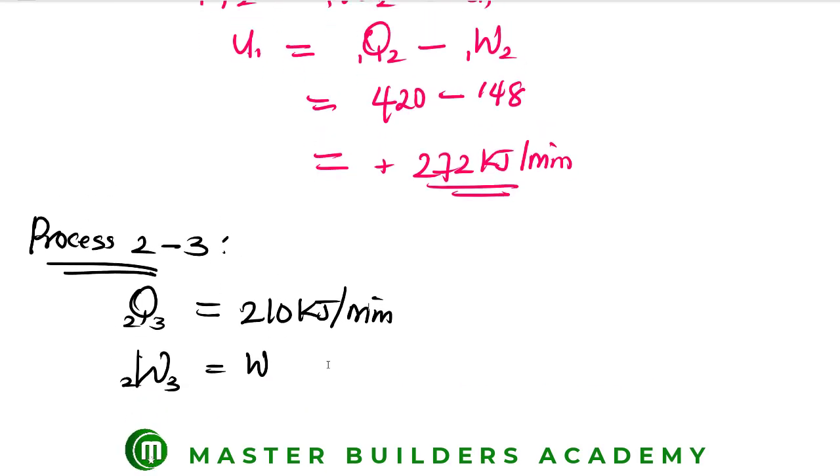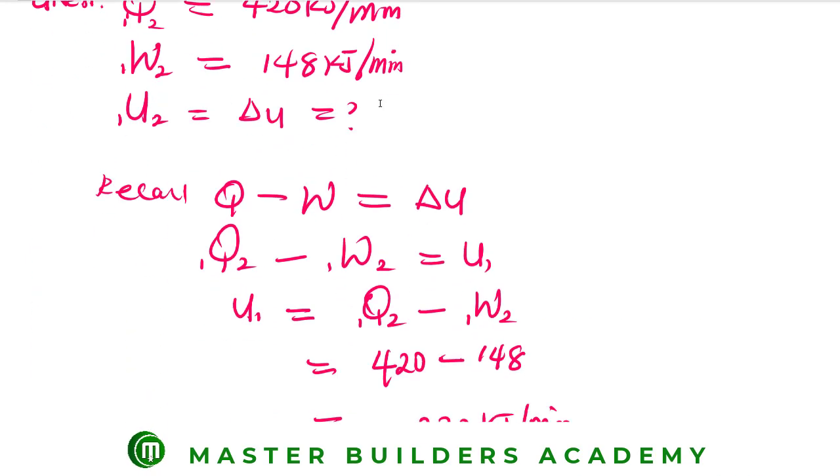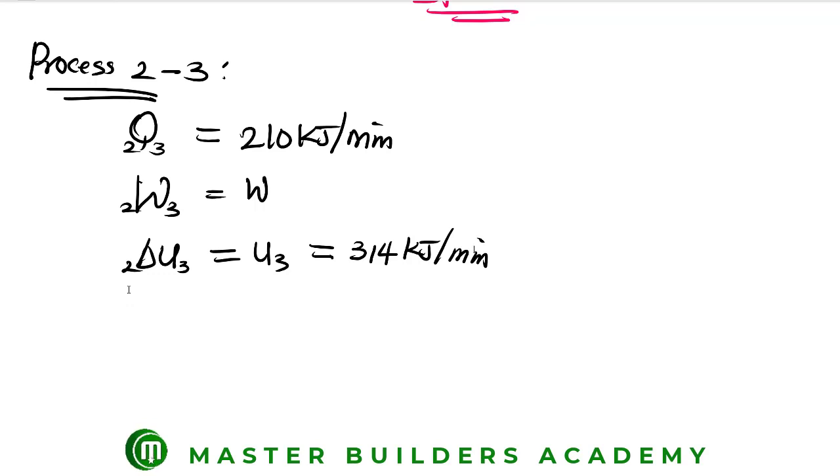Now what next? As we look at this process again, we were given 314 as the value for change in internal energy. So we can say that the change in internal energy for 2 to 3, which we call U3, is equal to 314 kilojoule per minute. Again, all we simply need to do is remember the first law equation of thermodynamics.